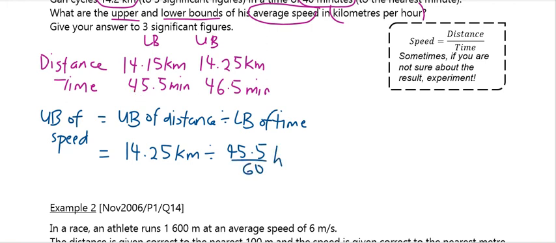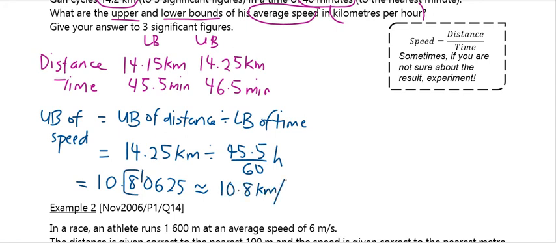So this is already in hours. When you use a calculator, you will get 10.80625 kilometers per hour. You will round this off to 3 significant figures. So you will get 10.8 kilometers per hour to 3 significant figures.